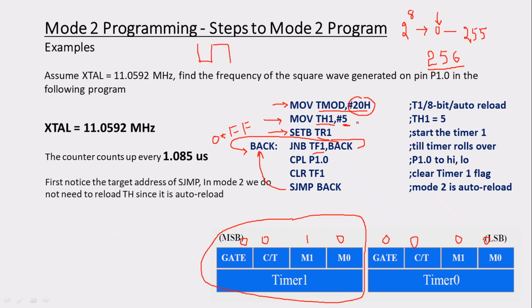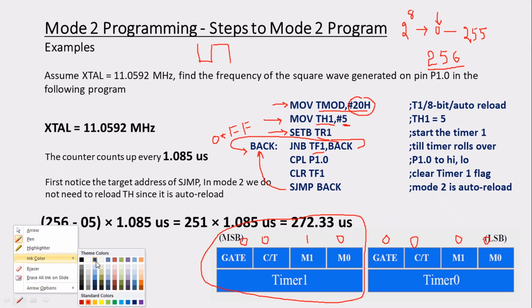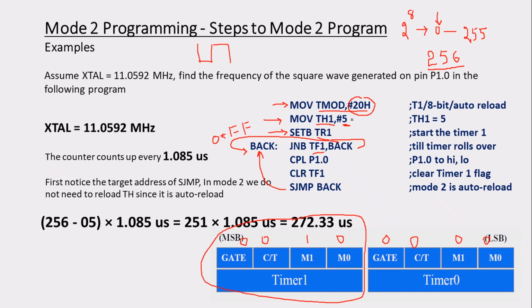Now, the total number of counts is 256. The initial count value given here is 5. Since this is the initial count, we subtract: 256 minus 5 is 251, and the time required to increment one time is 1.085.